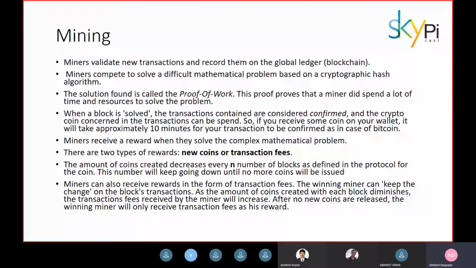Miners can also receive rewards in form of transaction fees. In the last session that we discussed about transactions, we said that whenever we do a transaction, we actually transfer a certain value of the cryptocurrency from one address to another. I also mentioned there that for performing any transactions, you need to pay a transaction fee to the network.